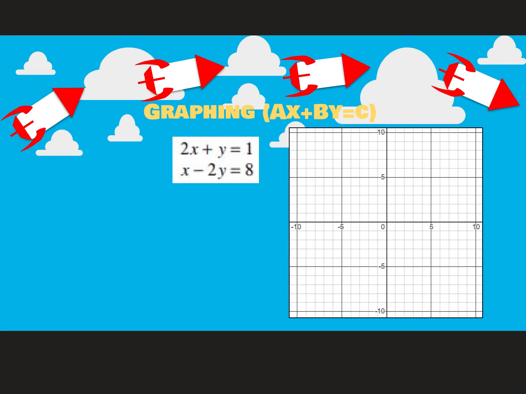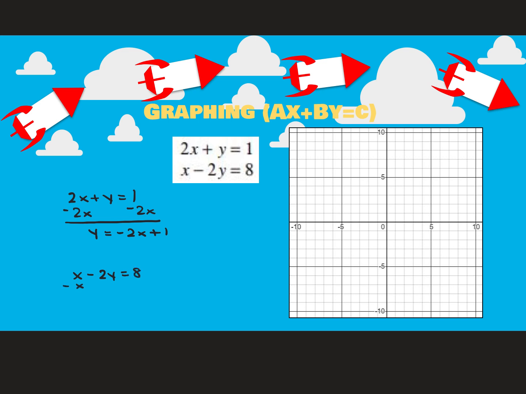So I have 2x plus y is equal to 1. Solving for y, I'm going to subtract 2x from both sides. And I have y is equal to -2x plus 1. Same as for the second one, I have x minus 2y is equal to 8.